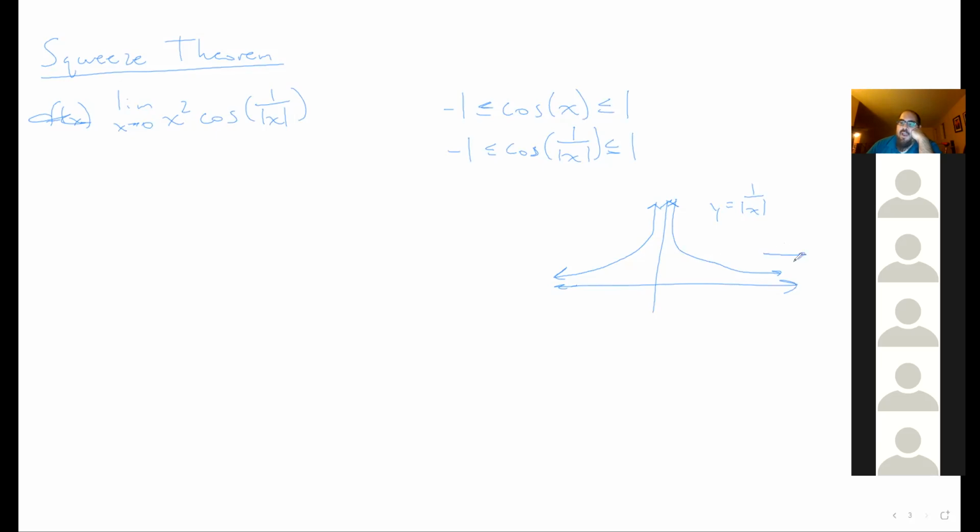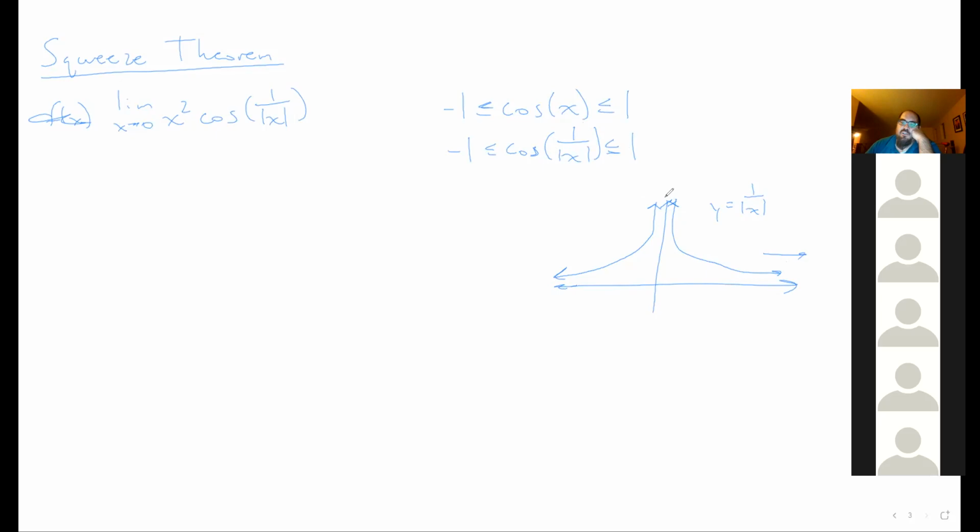If I go very far to the right, then 1 over x is getting very, very small. So this cosine is approaching cosine of 0, so it's approaching 1, which is fine. Same thing for the other side.